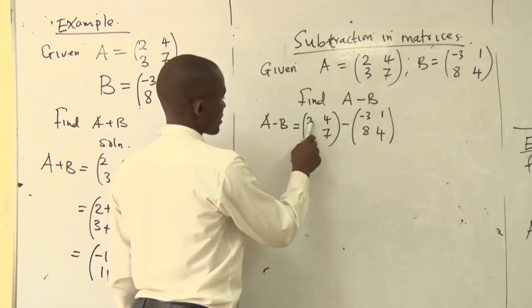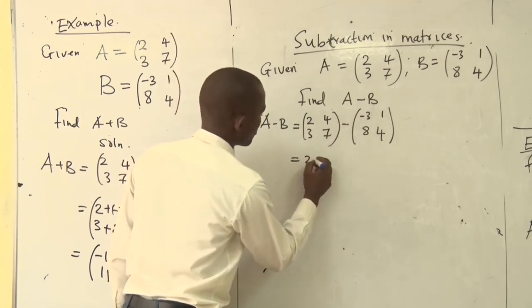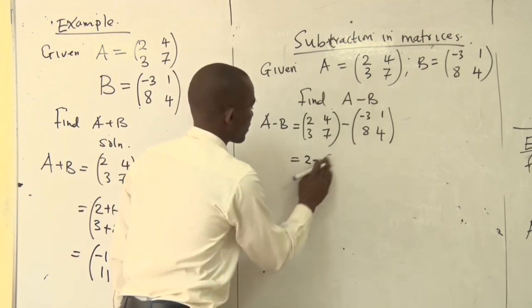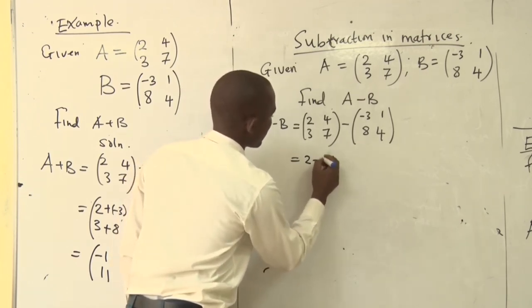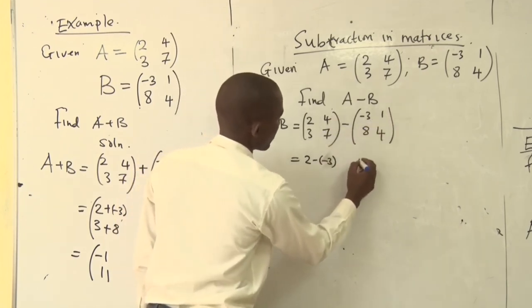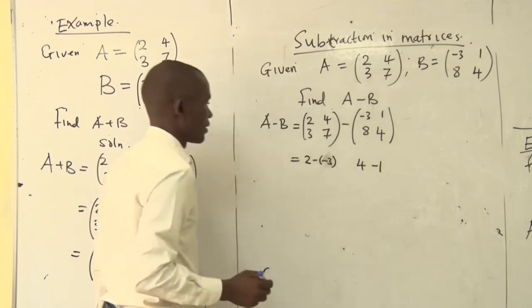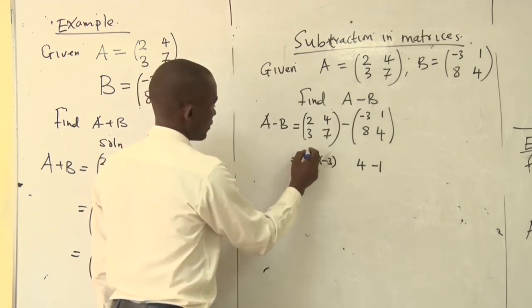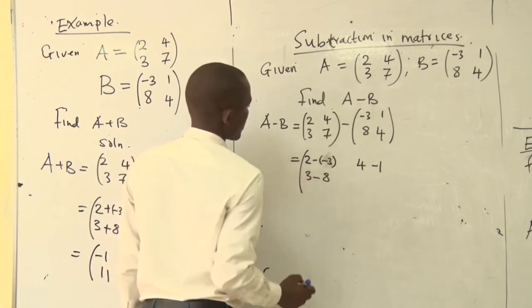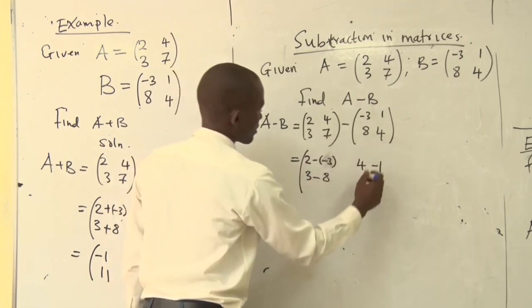You will take the first one minus the second one, which will be 2 minus minus 3. You skip some space, take 4 minus 1. Come to the next one, 3 minus 8. Then 7 minus 4.